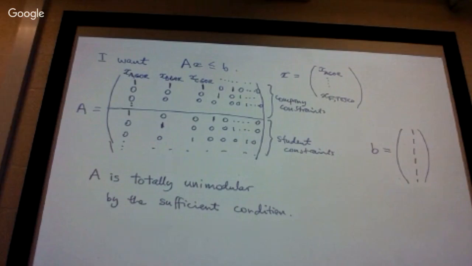So now everybody is rightly upset because they have no idea why they should care about a matrix being totally unimodular.